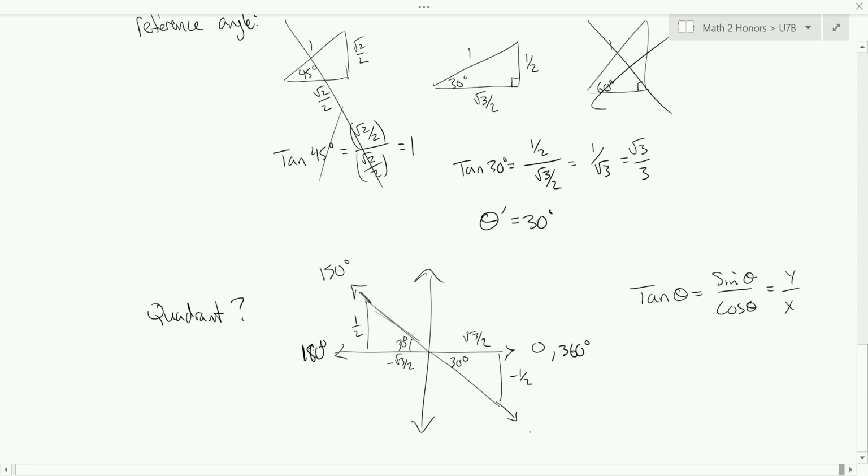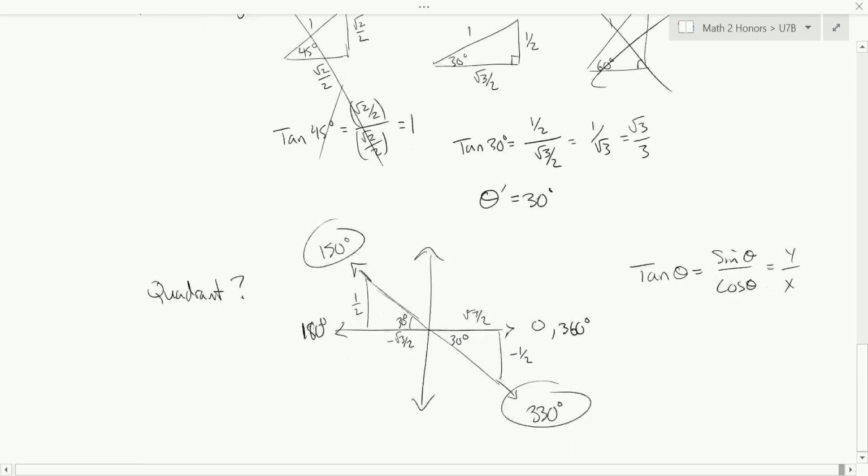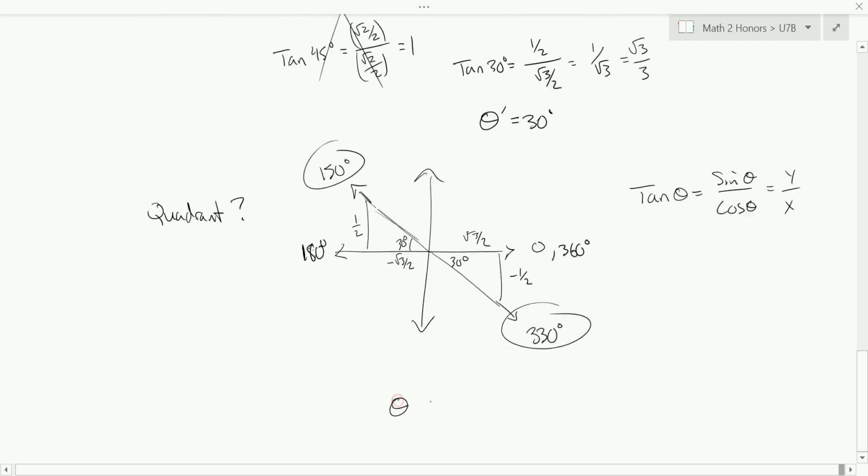What is it? 330, because we're going back 30 degrees from 360. You don't want to go back from 0 because that will give you a negative answer, and we have to stay between 0 and 360. So our final answer is 150 degrees and 330 degrees.